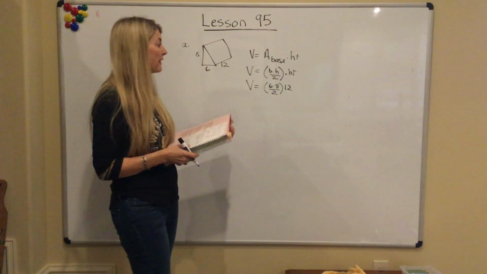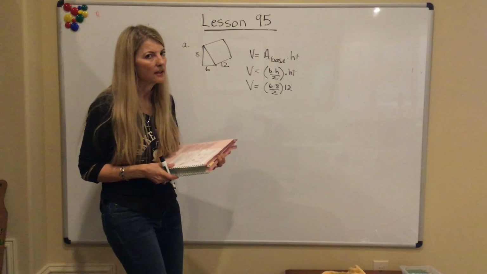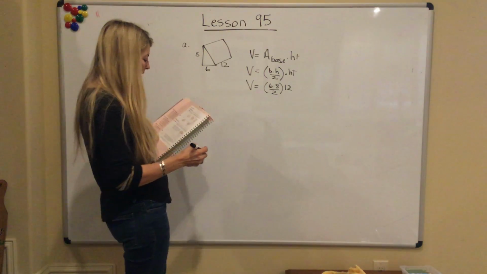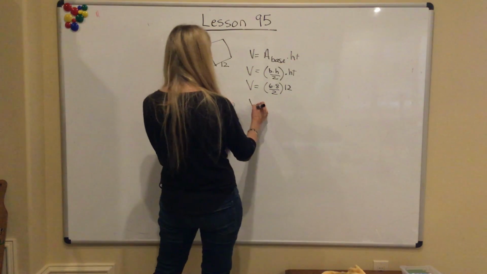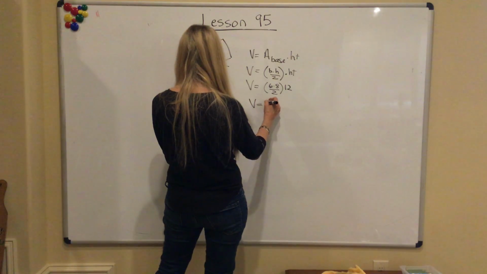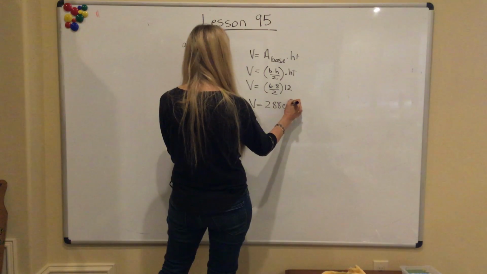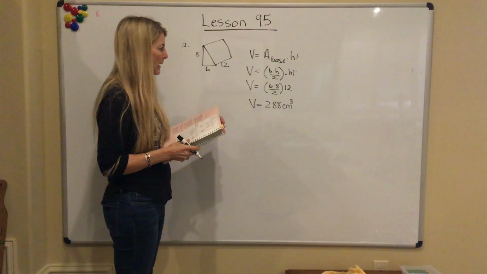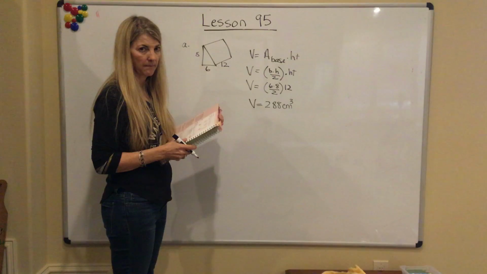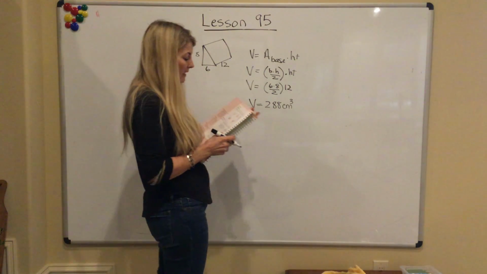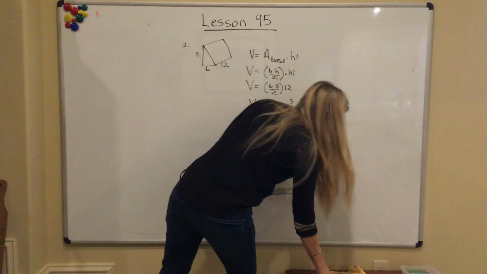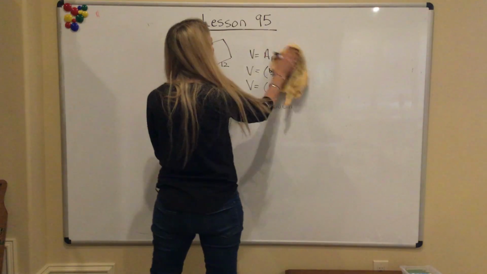And if you multiply that out, pause the video so you can multiply it out. The answer that you should get would be 288 cubic centimeters. Everybody got that? All right. B, it's another triangular prism.